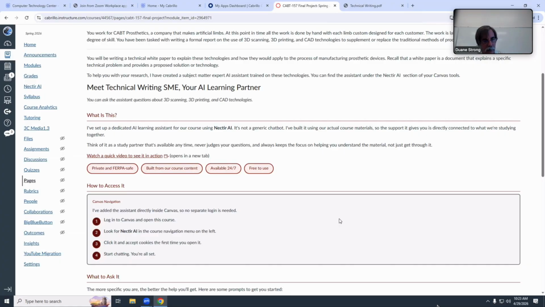I've set up a dedicated AI learning assistant. It's not a general ChatGPT kind of thing. It's specific to this, and we're using a system called Nectar AI that Cabrillo subscribes to. Like I said, it's not a generic chatbot. I built it using our actual course materials, and I've only trained it on 3D scanning, 3D printing, and CAD technologies.